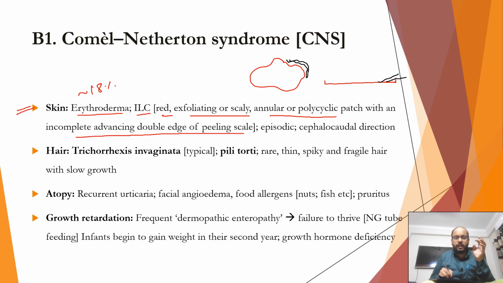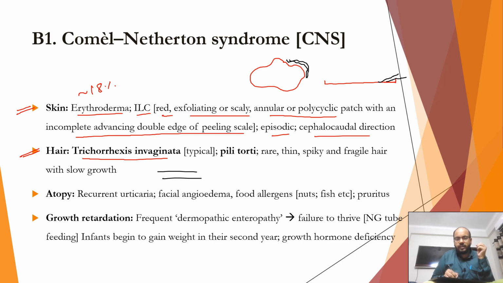That is what we mean by advancing double edge of peeling scale. It is episodic and goes in a cephalocaudal direction, and that is from the initial stage. Remember, the child may present with generalized full body involvement of erythroderma, so you might not be able to appreciate ILC that much.